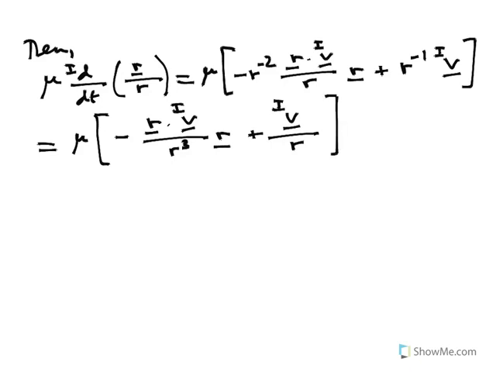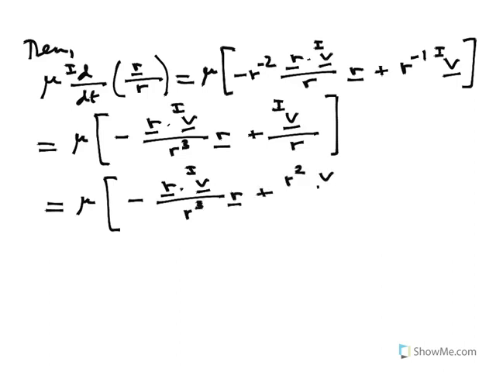That doesn't look like it does us a whole lot of good, but there's more simplification: we can put this all over r cubed, and we get minus r dotted with vi, all divided by r cubed times r, plus r squared times vi, all divided by r cubed.